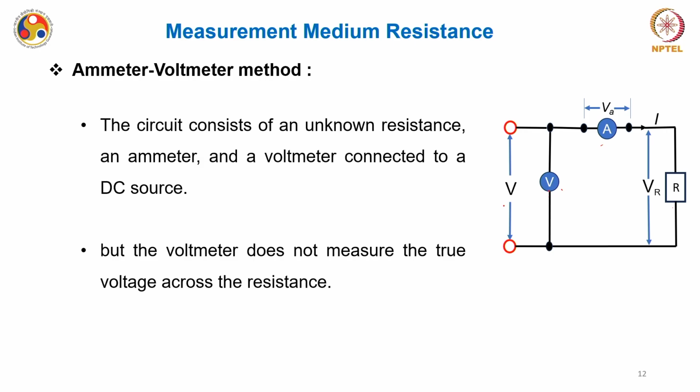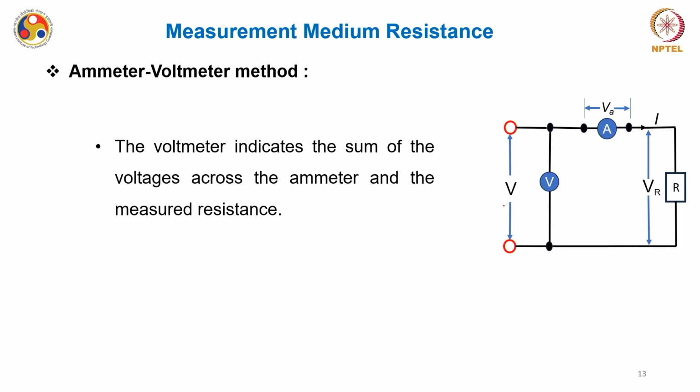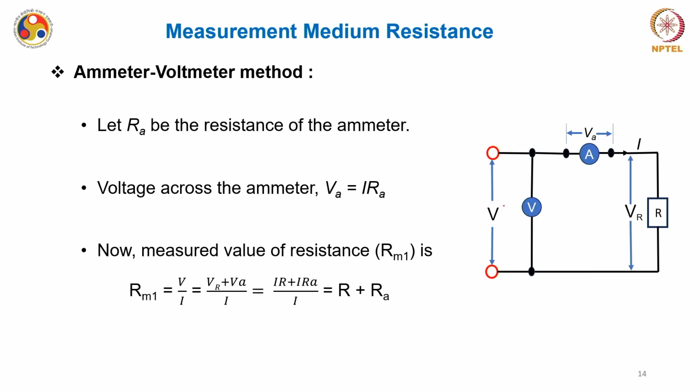The voltmeter does not measure the true voltage across the resistor as we have discussed, because this voltmeter is measuring the voltage across the ammeter and the resistor. The voltmeter indicates the sum of the voltage across the ammeter and the unknown resistor that we have just seen. So, let us consider the ammeter resistance as RA.